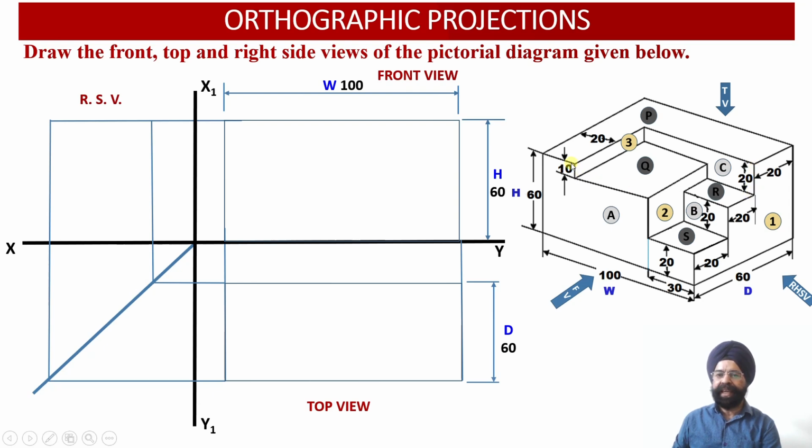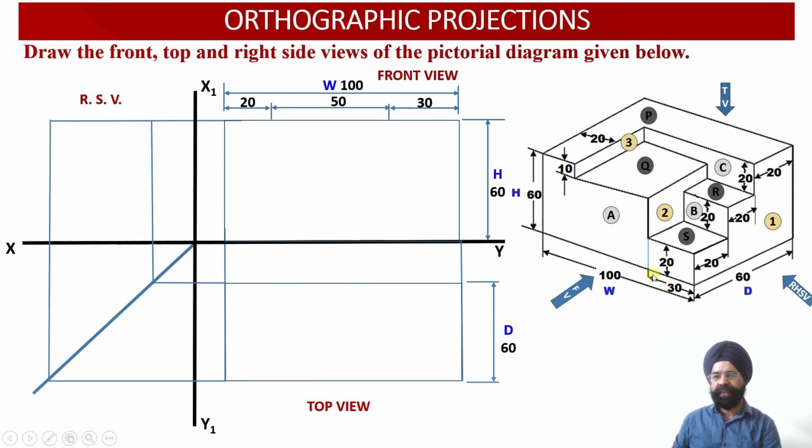Another thing, here we have one smaller step on the left hand side which has a height equal to 10 millimeter. We should also observe that the total width of the solid happens to be 100 millimeter, and out of this 100 millimeter, the first block on the right hand side has a width equal to 30 millimeter.